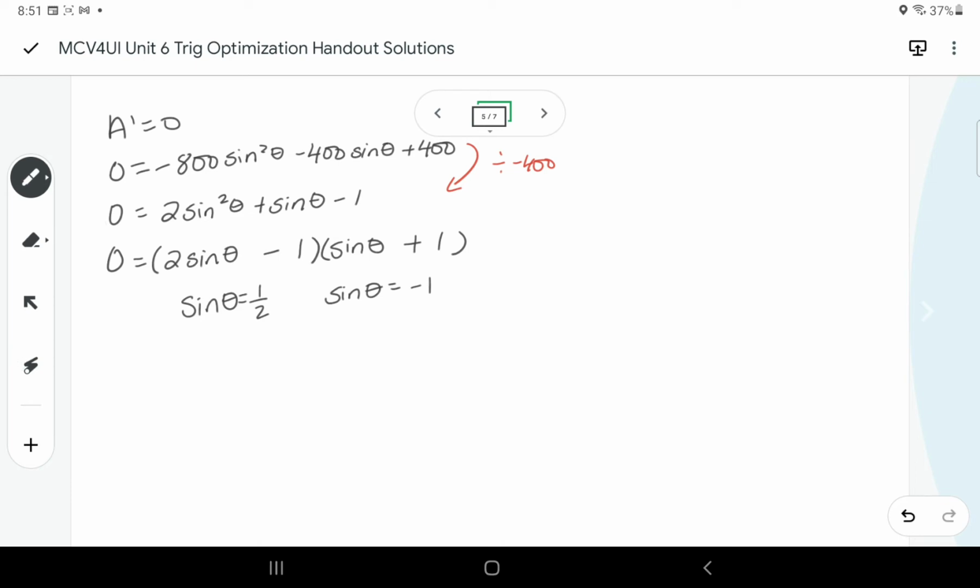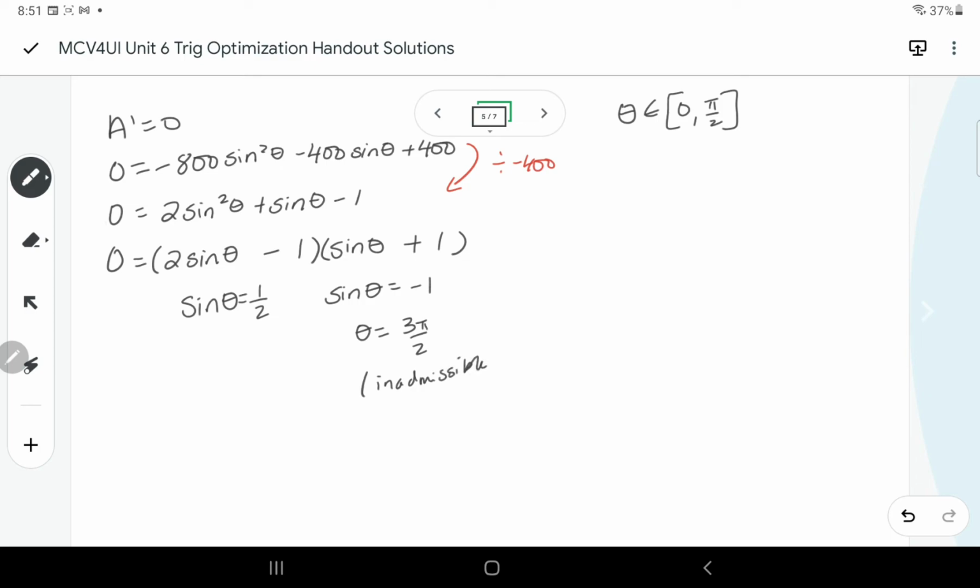Now, thinking about your special triangles, remember that theta is only between 0 and pi over 2. So sine theta equaling -1 would be at 3 pi over 2. So that's inadmissible.